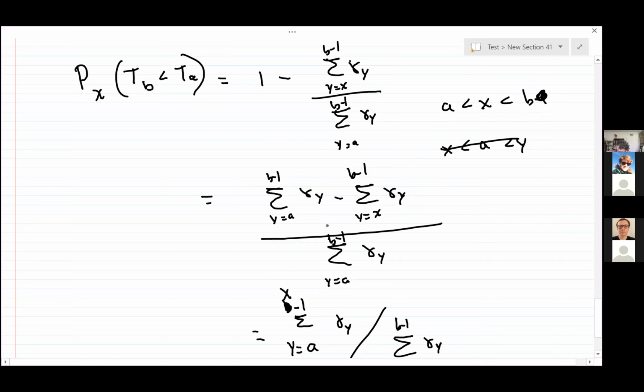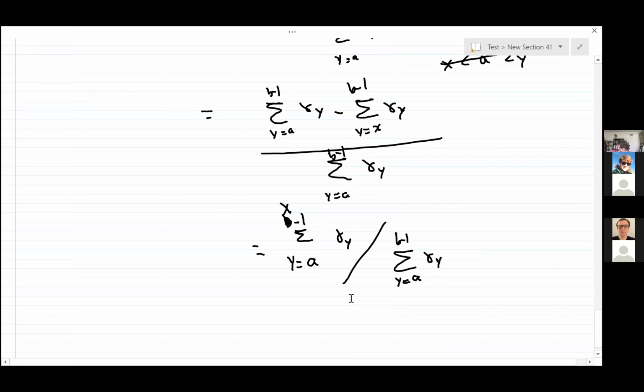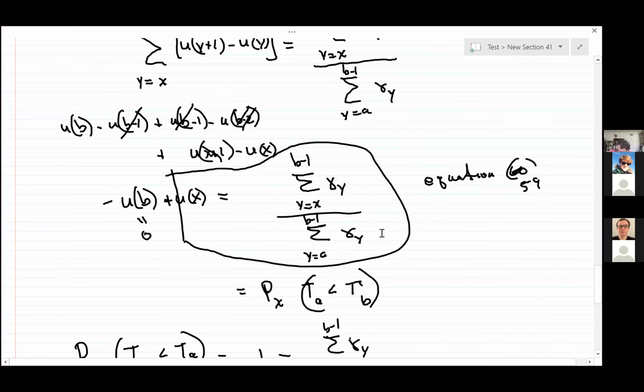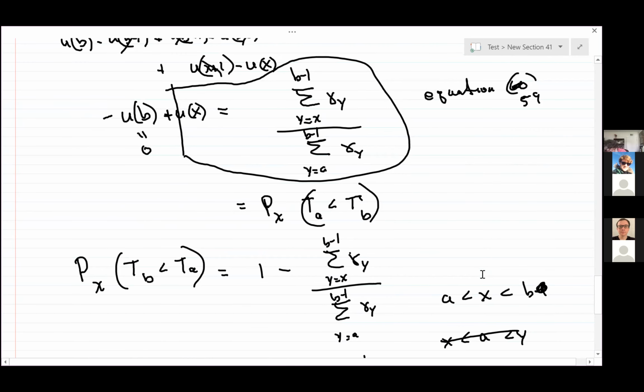So your sum, there are more terms here. You're going from A to B minus 1. There are fewer terms here. So you're removing the end terms, which leaves the earlier terms, which go from A to what? X minus 1. This is equation 60, which is not the one we've used so much. We've actually been using 59, which we did already have here. But once you have one, the other is not hard to get.